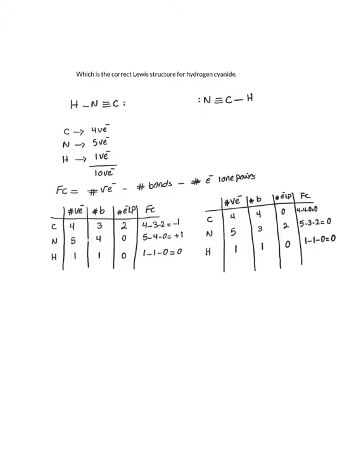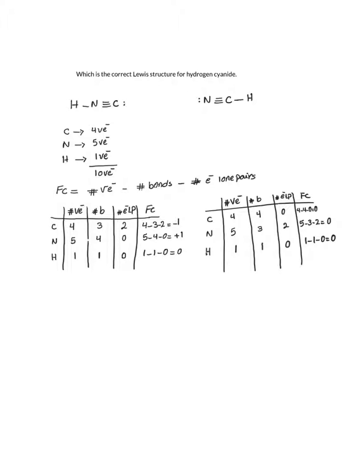So the rule here is minimal formal charges are the best. So between these two structures, the best structure is the structure on the right, because all the atoms in the molecule have 0 formal charges.